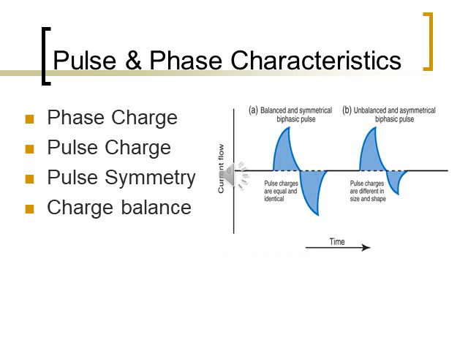If you look at the positive and negative on that one, the positive has a much higher amplitude and a much bigger pulse width than the negative. So that would be unbalanced and asymmetrical. And again, that would impact what your end result would be as far as your therapeutic response in the pulse and phase characteristics.